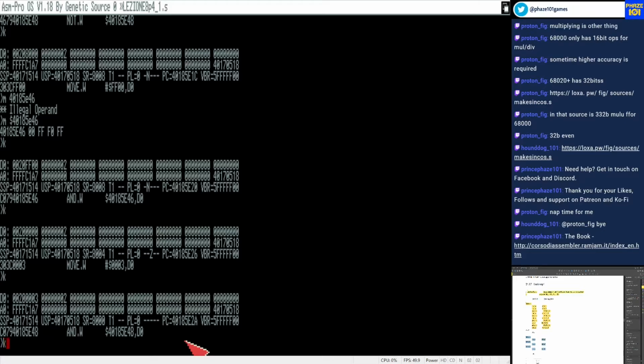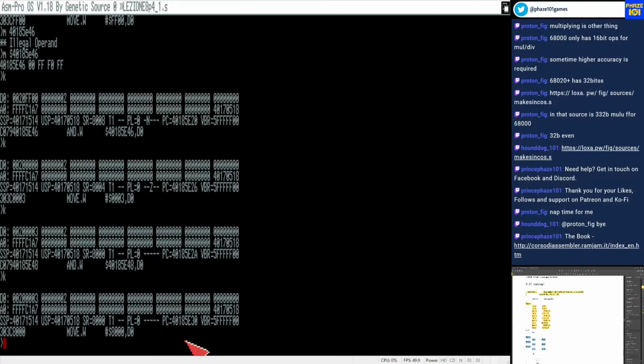Hence, when we execute it, we get the value of 3. Remember it's an AND, only the bits that are the same will be set, and we will end up with 3. So F0FF AND 3 is 3, of course.